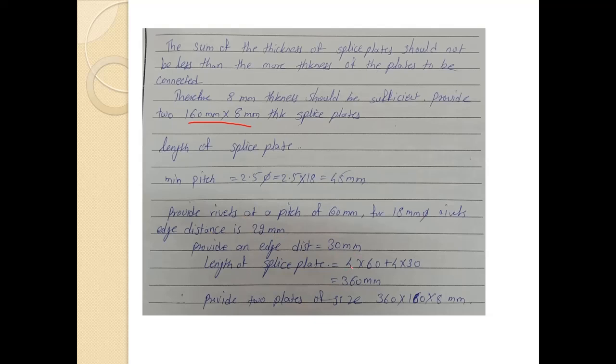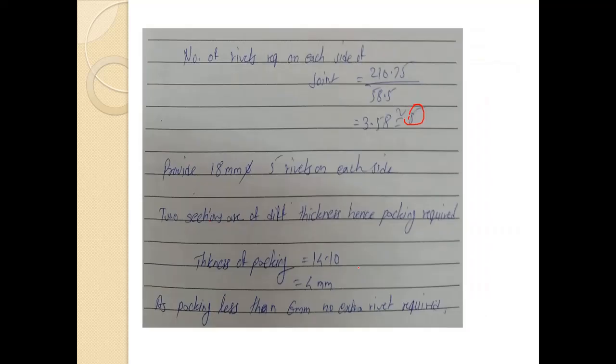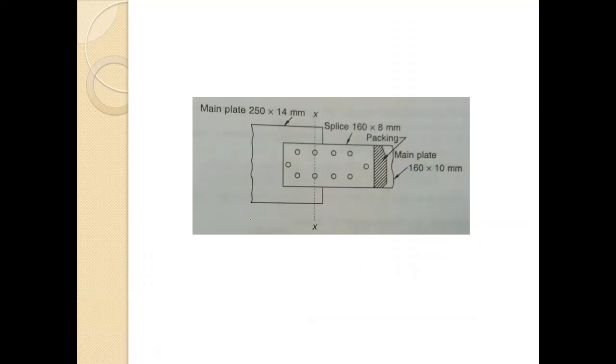So the length of the splice plate, that is 4 into 60. We are having here this rivet line, then this rivet line, this rivet line, and again this one, and this one.